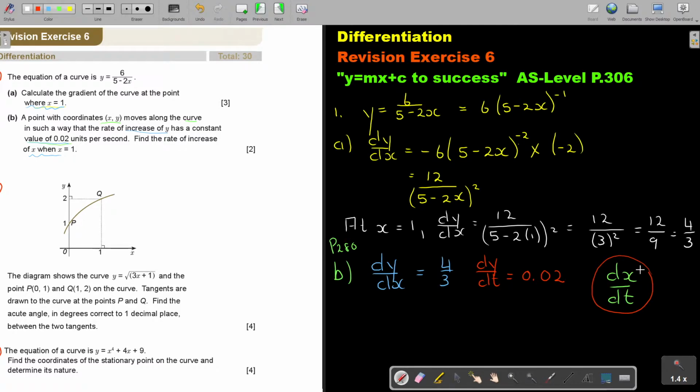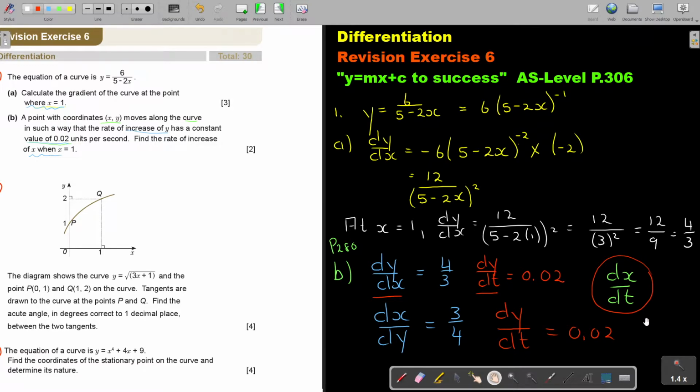I want to try to get this. Now, how will I get this? Basically, I want the y's to cancel out. Now, at this stage, will it cancel out? No. But if I change this around, if I make it dx over dy, which is 3 over 4, and I have my dy over dt, which is 0.02.